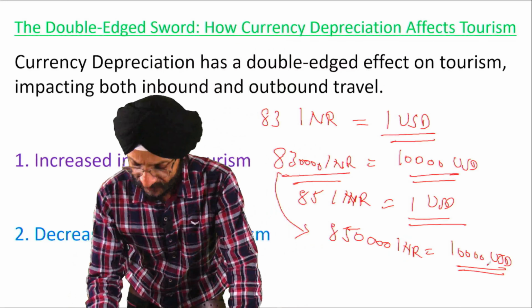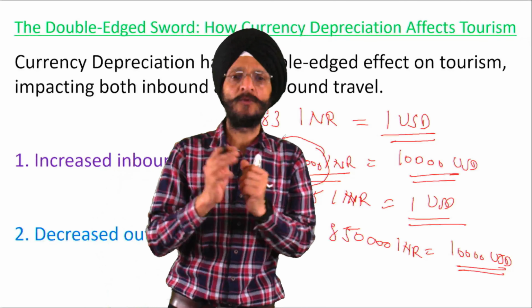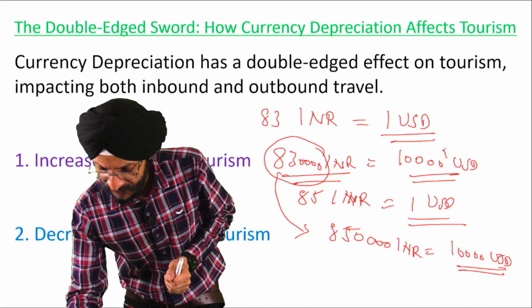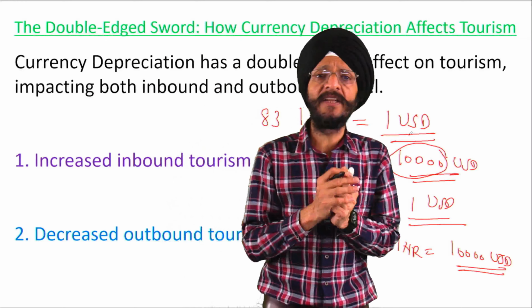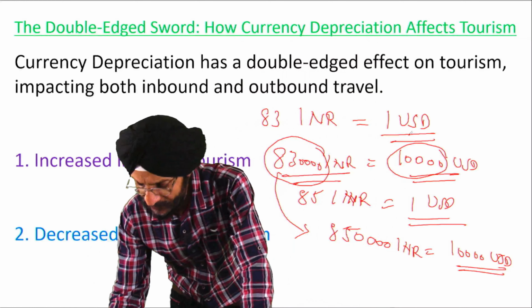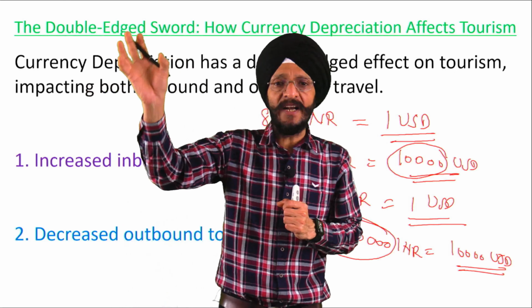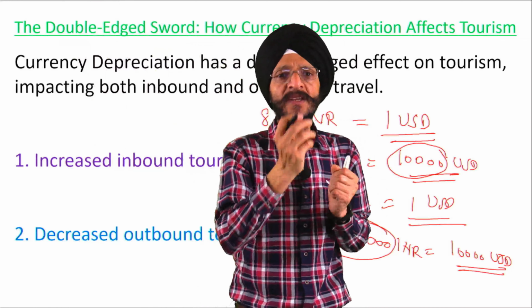Earlier, they were in a position to spend only 8 lakh 30,000. Though they are spending the same amount, 10,000 US dollars, due to the depreciation of the Indian currency, they will now be spending more, because the purchasing power in the hands of foreigners has increased due to the depreciation of our Indian currency.